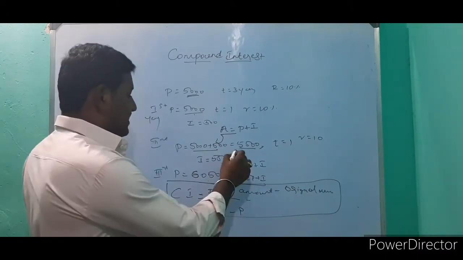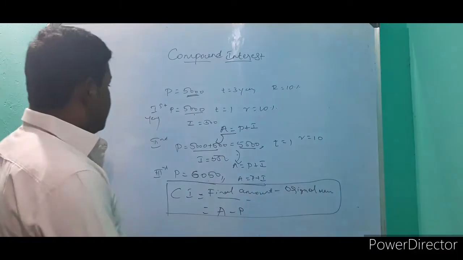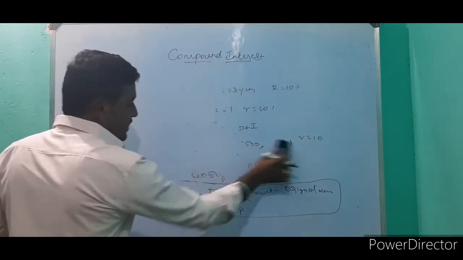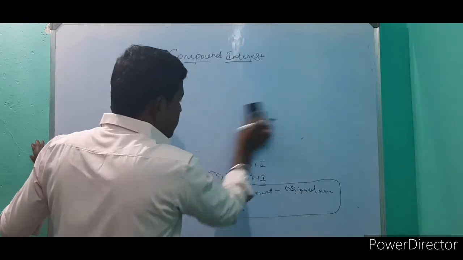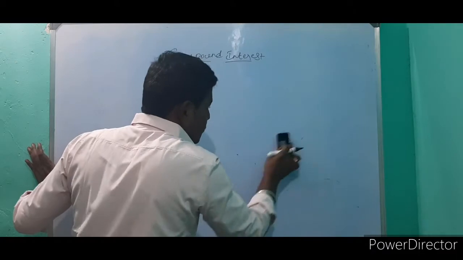Like that the process continues. So this is the direct method of finding compound interest. Next, we also use a formula. You can choose any method according to your question.